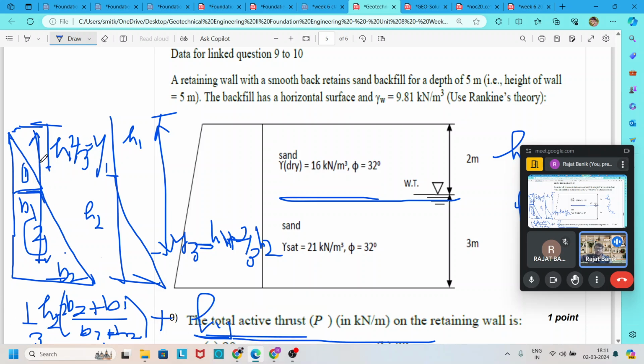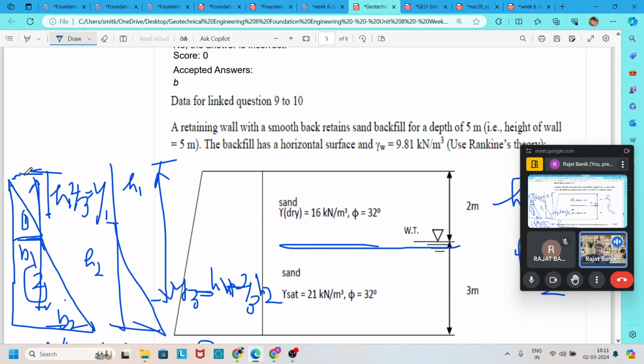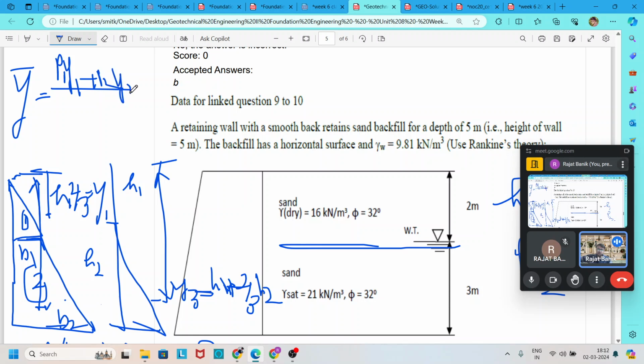After getting all y1, y2, y3, and each area force p1, p2, p3, using this formula we get the point of action of the total force, which is equal to (p1 y1 plus p2 y2 plus p3 y3) divided by (p1 plus p2 plus p3).